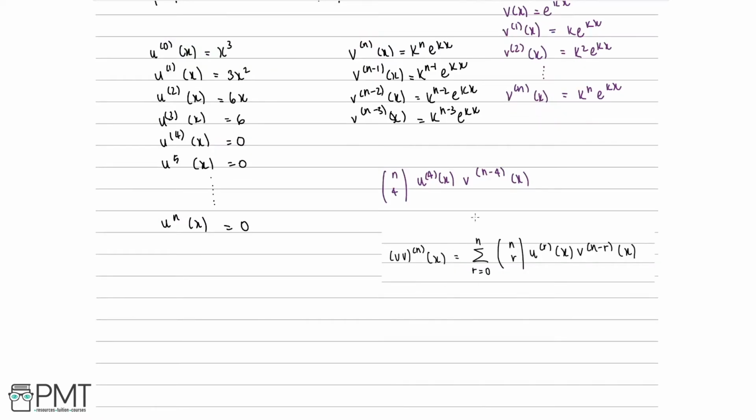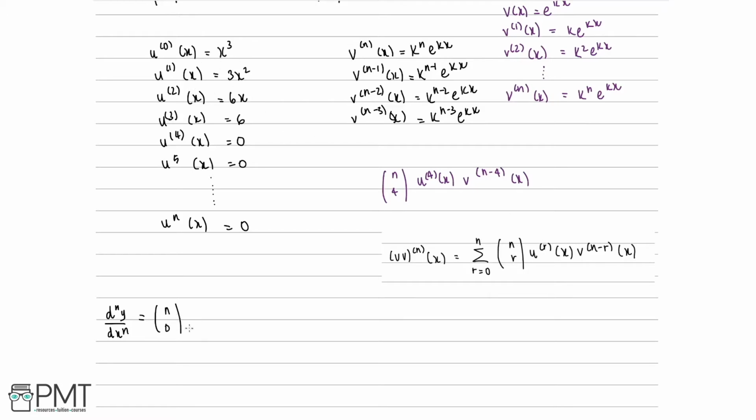So let's apply Leibniz's theorem to our differentiated functions of u and v that we found over here. Well, because our function uv will just be y, then our nth derivative of y will be equal to n choose 0, because we want to find when r is equal to 0. The rth derivative of u when r is equal to 0 will be x cubed.